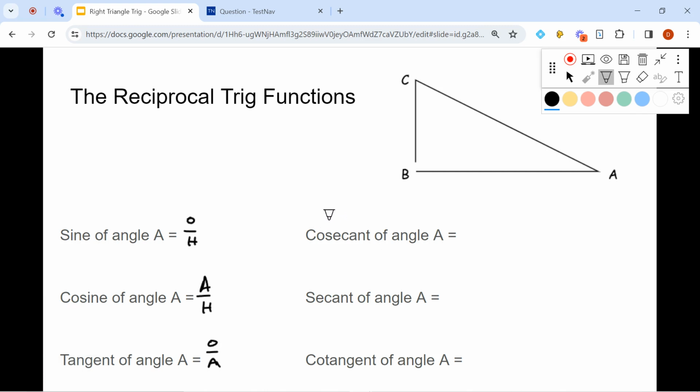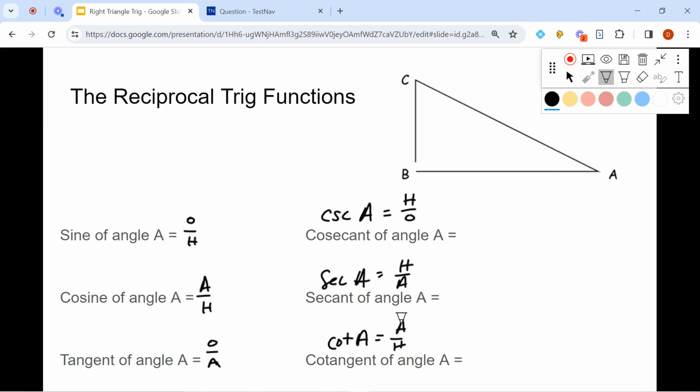The reciprocal of sine is cosecant, the hypotenuse over the opposite. The secant is the reciprocal of cosine, which is the hypotenuse over the adjacent. And the reciprocal of tangent is cotangent, which is the adjacent over the opposite.